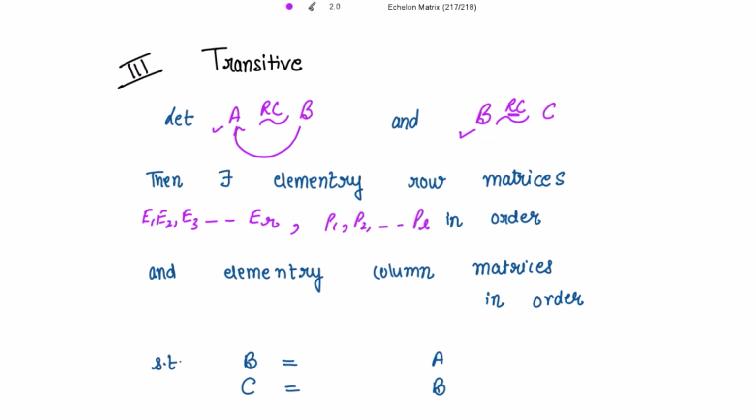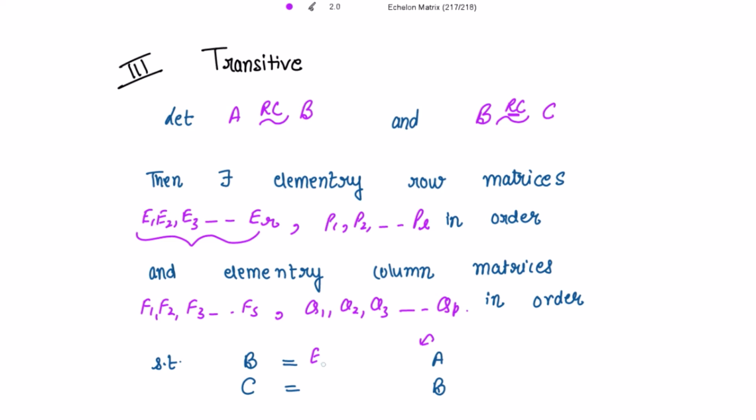And now writing the elementary column matrices for B. So this is F1, F2, F3 up to Fs. And elementary row matrices for C. So this is Q1, Q2, Q3 up to Qp, in order, right? Such that B is equal to, just pre-multiply the matrix A with the elementary row matrices, and you have to write the product starting from Er up to E2, E1.